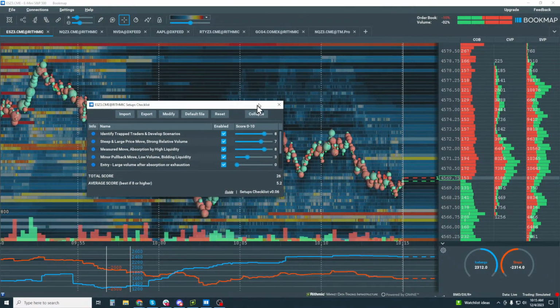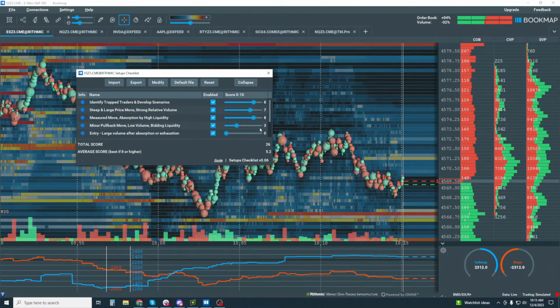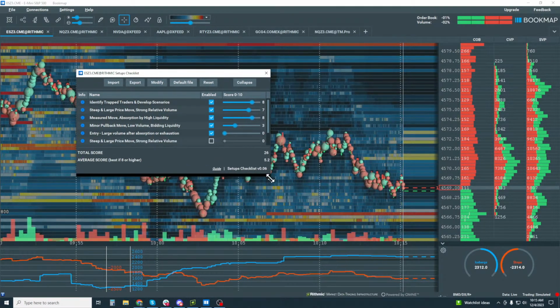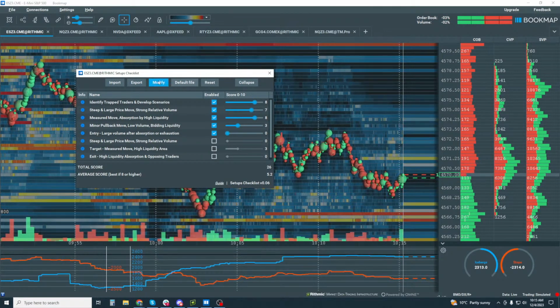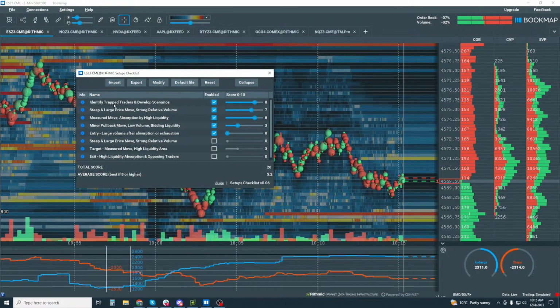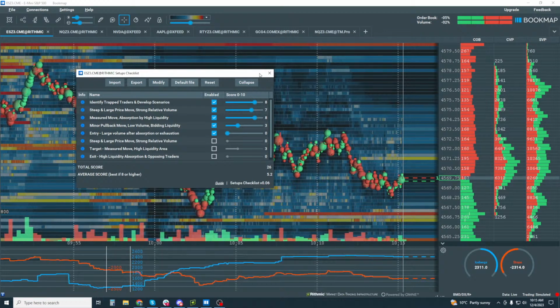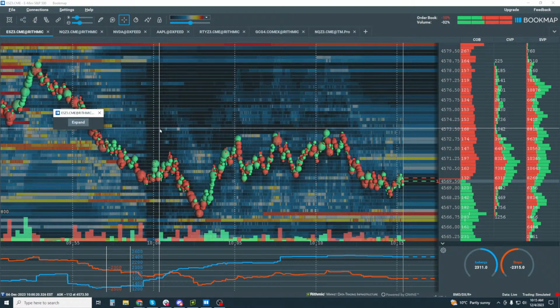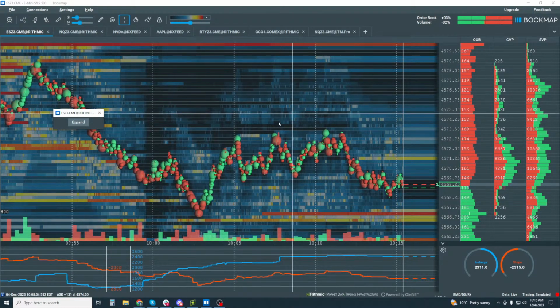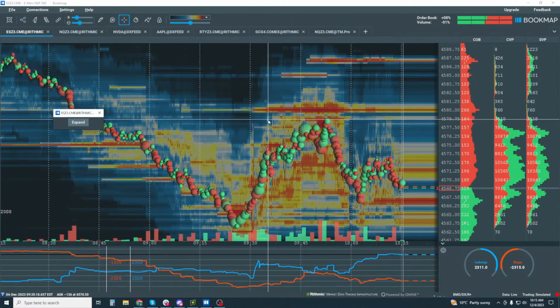Anyway, I wanted to show you guys this. Most of you have seen it and are well aware how to use this tool. It's very simple and straightforward, and you can add your own setups and grade them however you like. You can collapse it, and it's always on top. So that's the setups checklist.